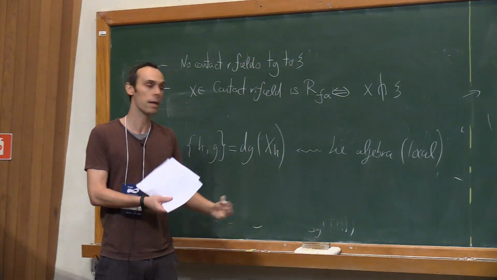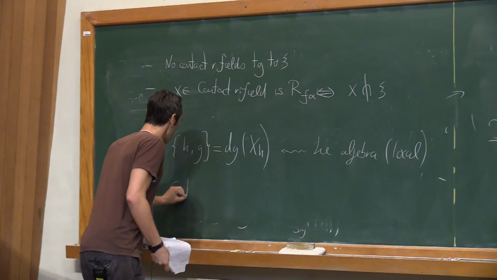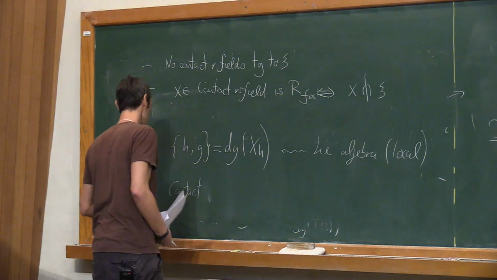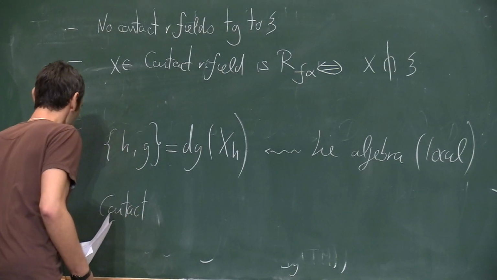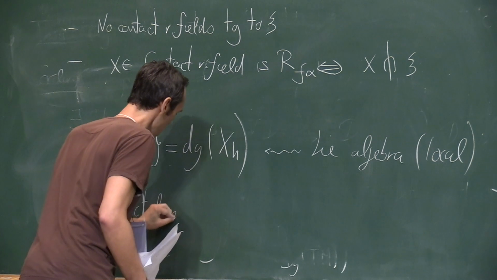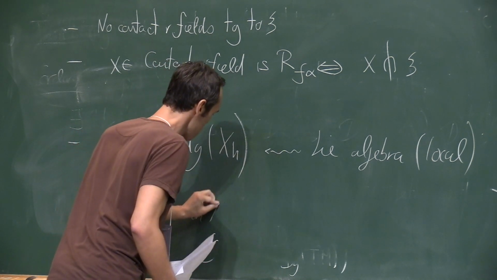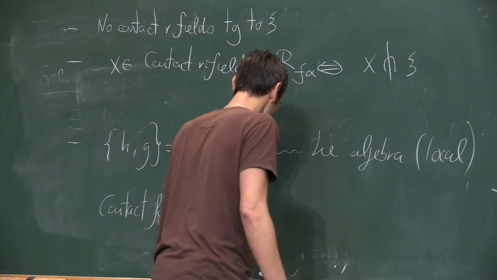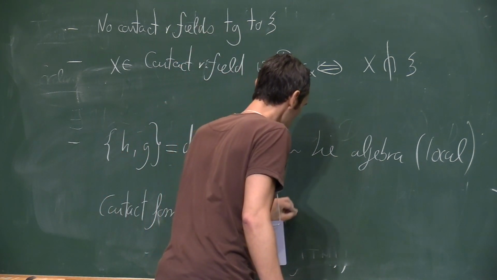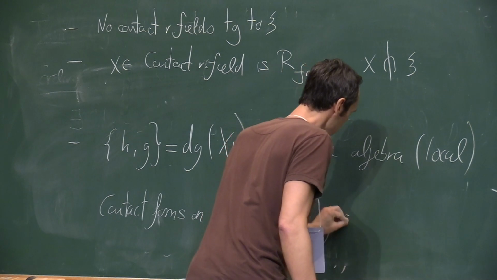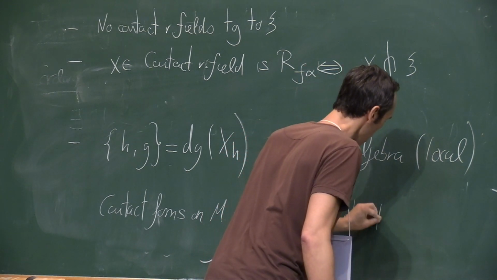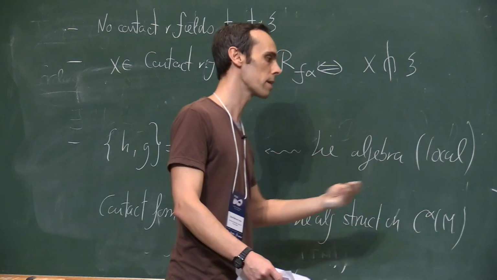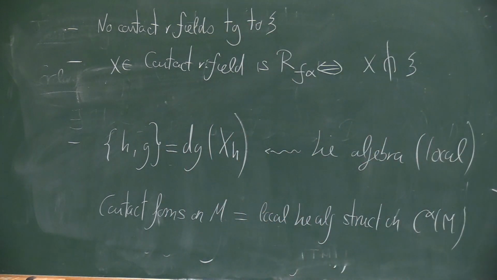So contact forms on M are the same thing as local Lie algebra structures on C infinity of M, more generally on the sheaf of functions.